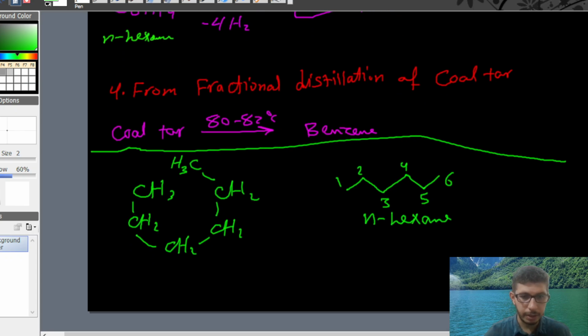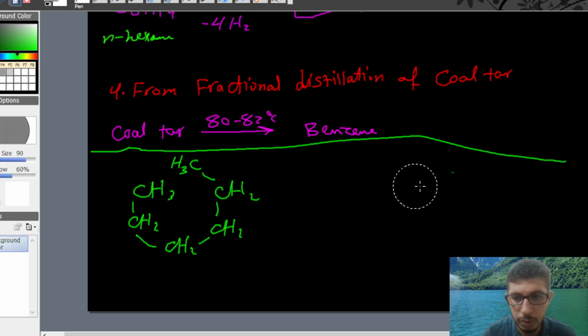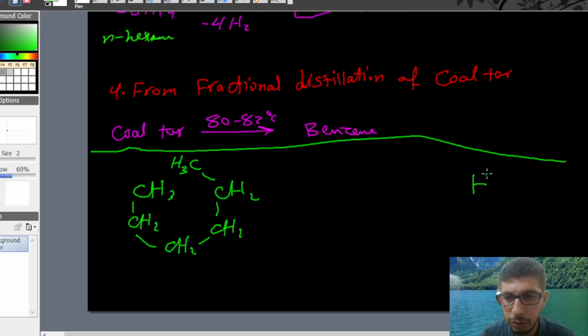Okay, so how can normal hexane form benzene, right? So I will show you now. I will get rid of this drawing and I will show you. So when you remove 1 mole of hydrogen, 1 mole of hydrogen is H2, one molecule, right?